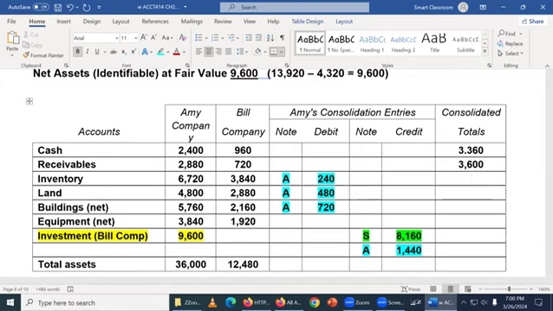Where that comes out to, that's 10,800. And we're gonna smash the land together with that. $81.60.